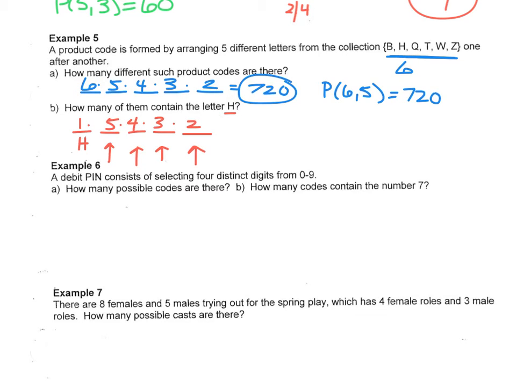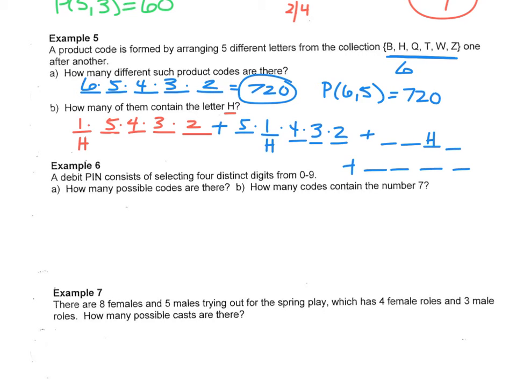And so to ensure that I include all the possibilities of where H would be, if you think about it, there's really just 1, 2, 3, 4, 5 different places H could wind up. So you could say or, and then you could put H here, and you could say or, and you could put H here, and so on, 4th, 5th.